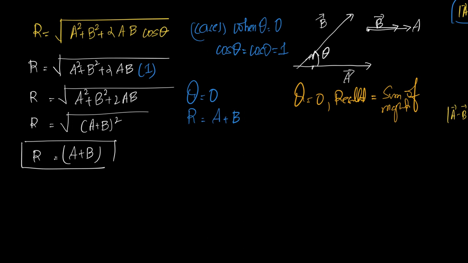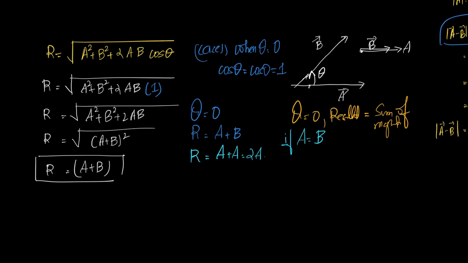Now we need another case here, which is if A is equal to B, which means if we have two equal vectors under consideration, then R is equal to A plus A, which is equal to 2A. Okay, so this is case number 1.